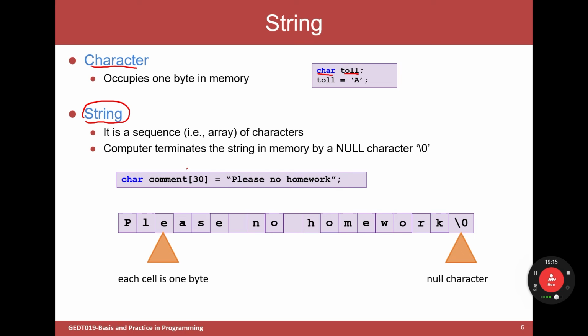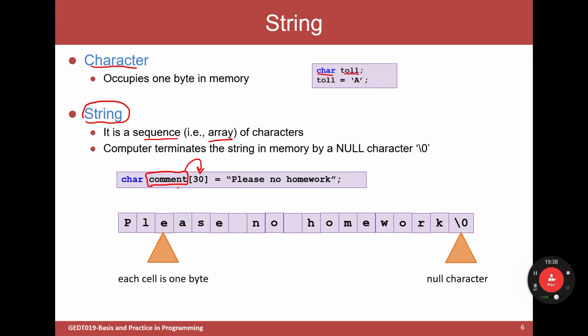And in this case, you define the sequence of characters in something we call an array. Here is the variable name, comment, and this comment is a sequence of 30 characters.